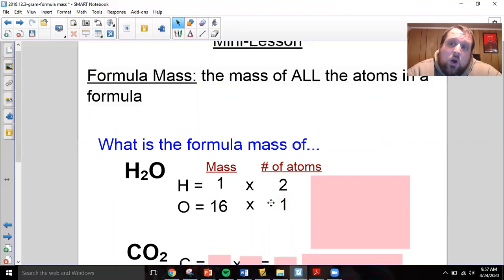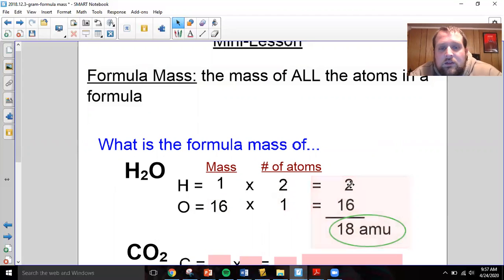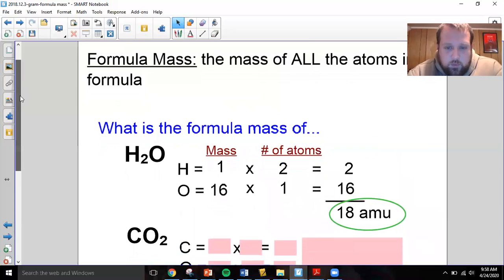So to get the total mass of all the atoms, I take the hydrogen mass of 1, multiply it times 2 atoms, and get 2. The mass of 16 times 1 oxygen atom is 16, and then when I add it together, I get 18. And the units for the formula mass are atomic mass units because those are the units on the table. Pretty easy, right? Let's do 2 more examples.